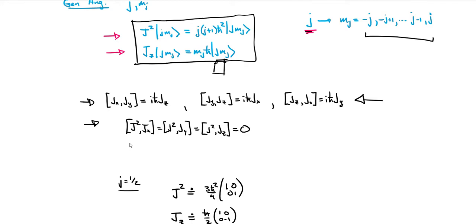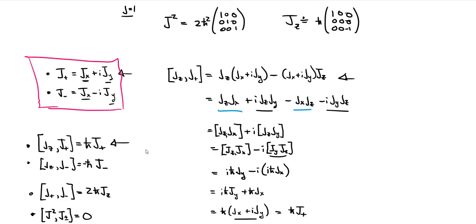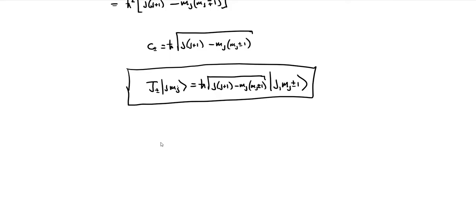The operators have these standard commutation relations, and we've defined ladder operators for the angular momentum that, looking at the commutation relationships of those, we have shown that their action on these eigenstates is essentially to raise or lower the state in that MJ manifold for a given angular momentum, and has those eigenvalues.